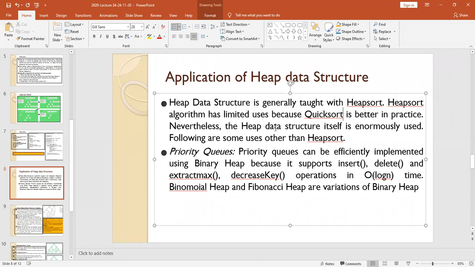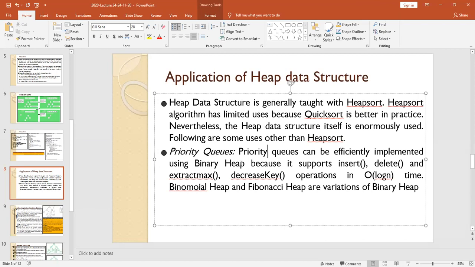Heap data structure is enormously used. Heap is used, but heap sort is of limited use. Some of the uses of heap are, first, in priority queues. Priority queues can be efficiently implemented using a binary heap.